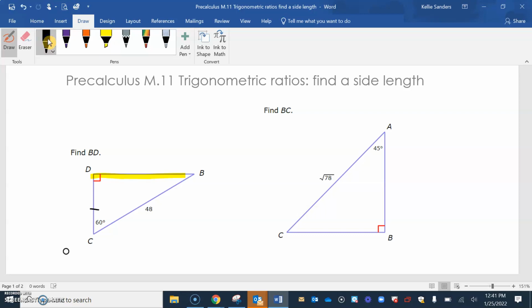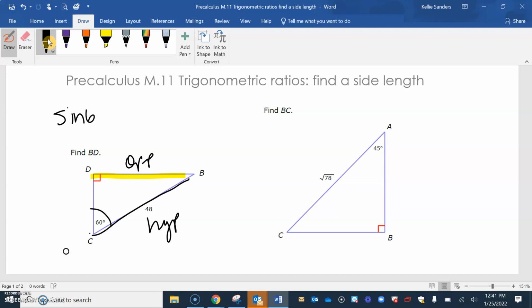And what they gave us was this angle of 60 and this side of 48. So we look at it and we're like, okay, what do we have and what do we want? What we're wanting is the opposite side of 60, and what they gave us was the hypotenuse. So sine is what we're going to use.